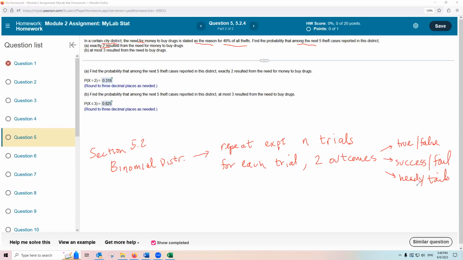Okay. In our example, the binomial nature is the theft was for the need to buy drugs or it was not. And we want the probability for a certain number of successes.